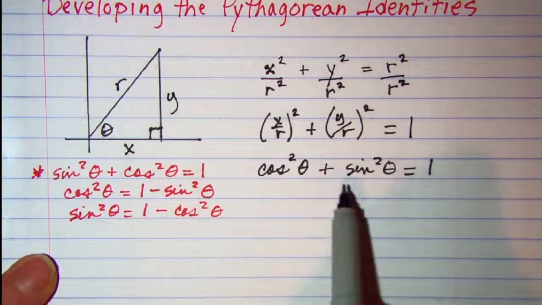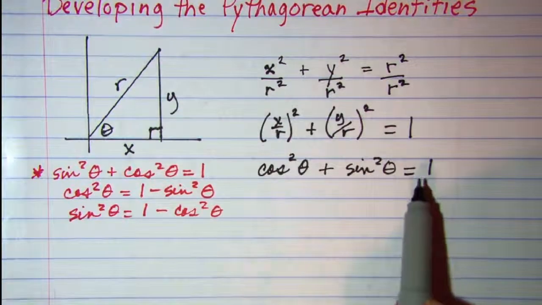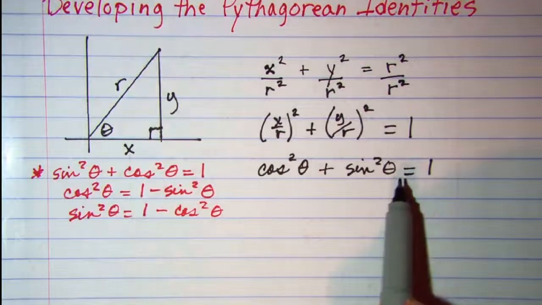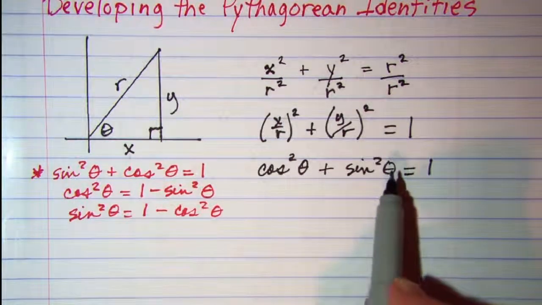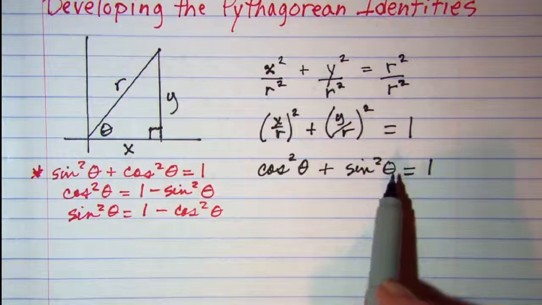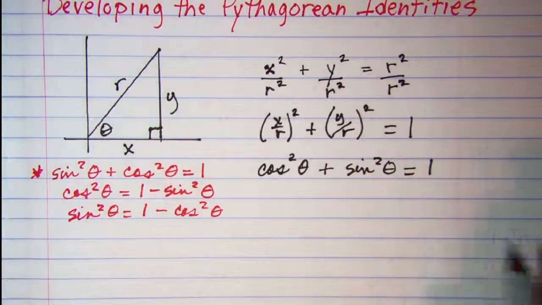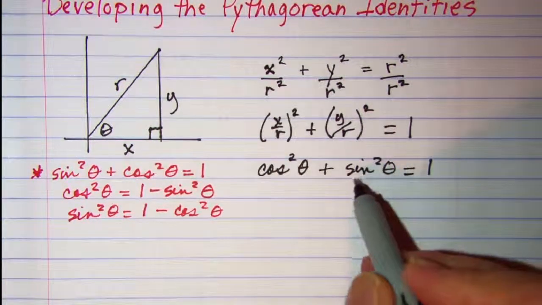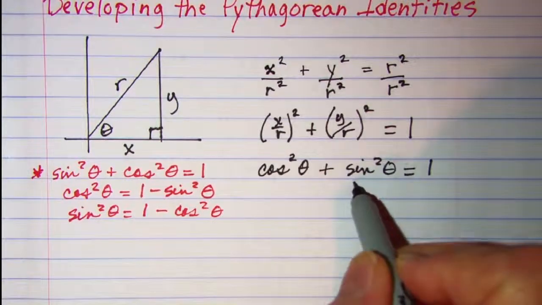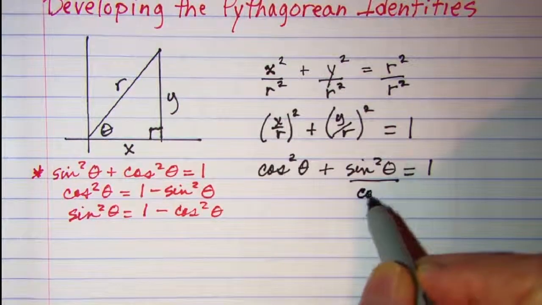What if we wanted an expression with a tangent in it? Well, we know from our quotient identity that tangent is sine over cosine. So I can divide everything by a cosine squared.